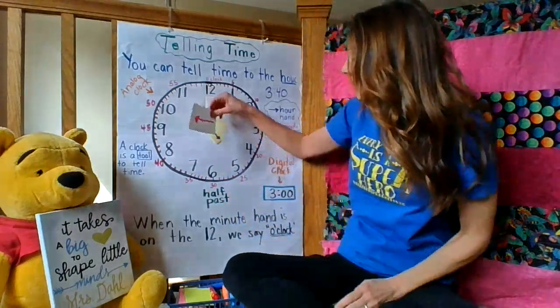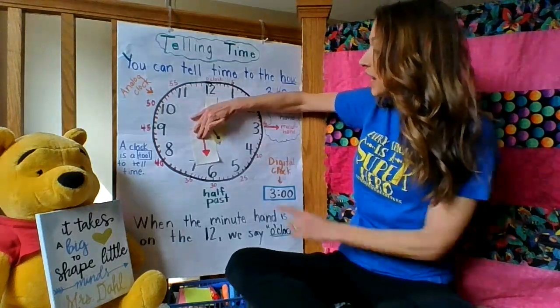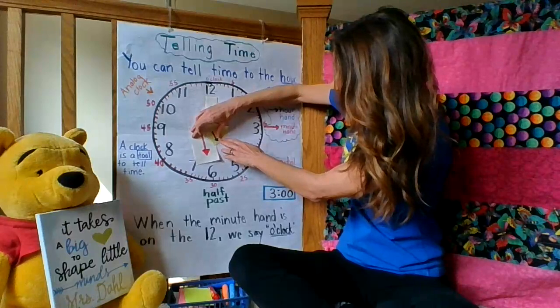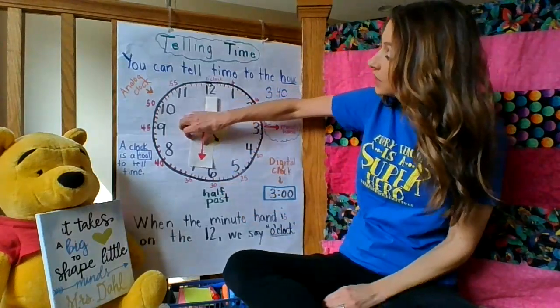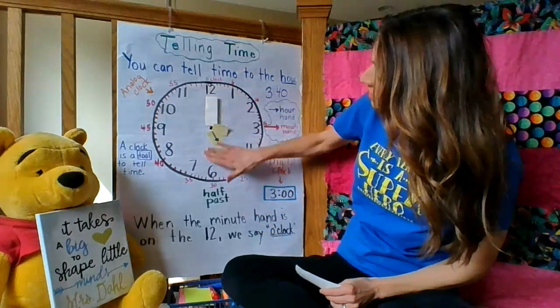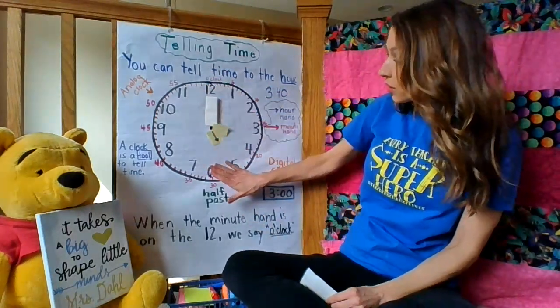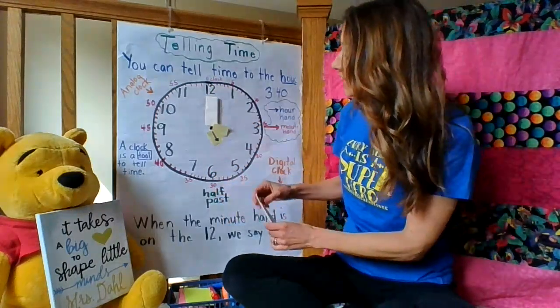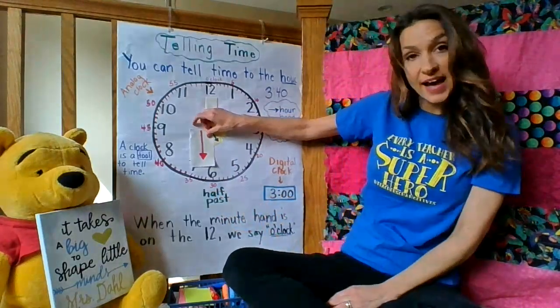Now, when the minute hand is down here on the 6, I know that it's 5:30, because this is half of a clock or half of an hour. So a half hour is 30 minutes. So I can say when the minute hand is on the 6 that it's 5:30.